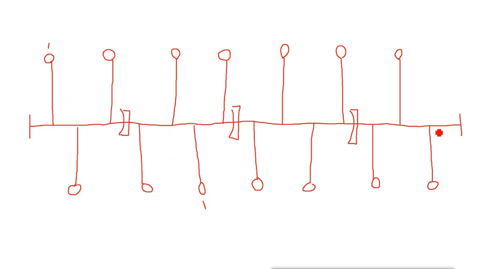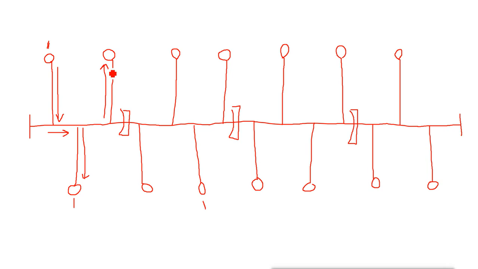Now what happens if this device wants to send data to some other device? For example, it wants to send the data to this device. The data will go to the cable, it will go to here, here, and here also.